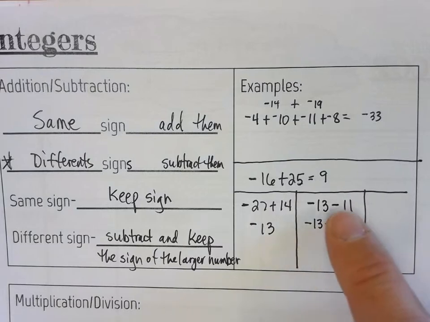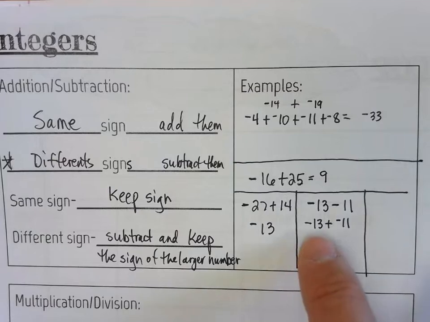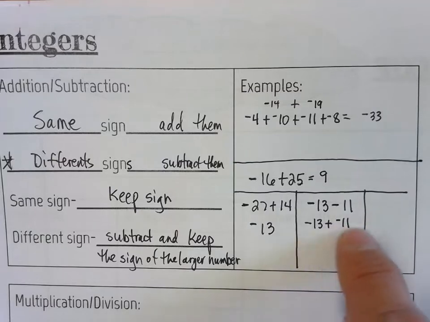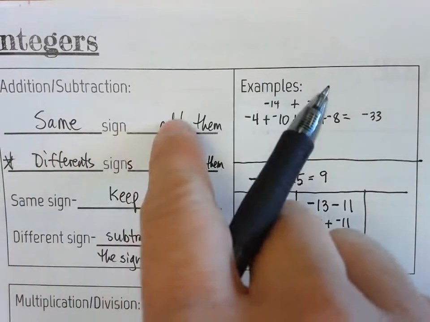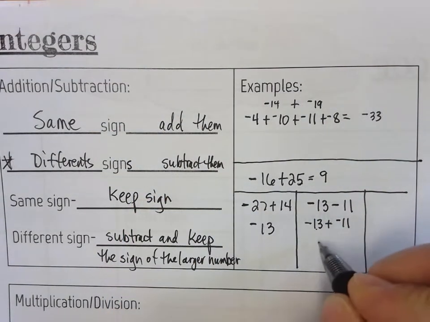When I do my additive inverse, that puts them back to having the same sign. When they're the same sign, you want to add them and keep that sign. So -13 plus -11 is -24.